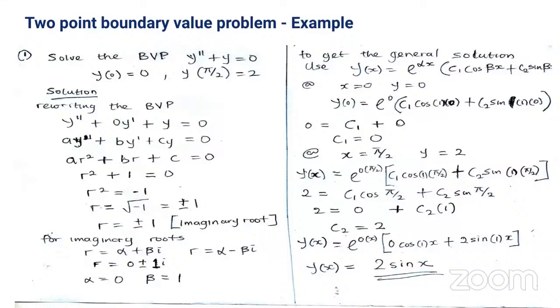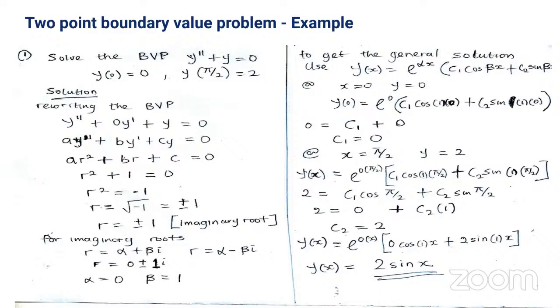For this particular solution, we find out that we have imaginary roots. So when we have imaginary roots, we use the solution y of x equals e raised to the power alpha x times c1 cos beta x plus c2 sin beta x, so that we can solve for c1 and c2. Alpha and beta can be known from the roots of the equation.